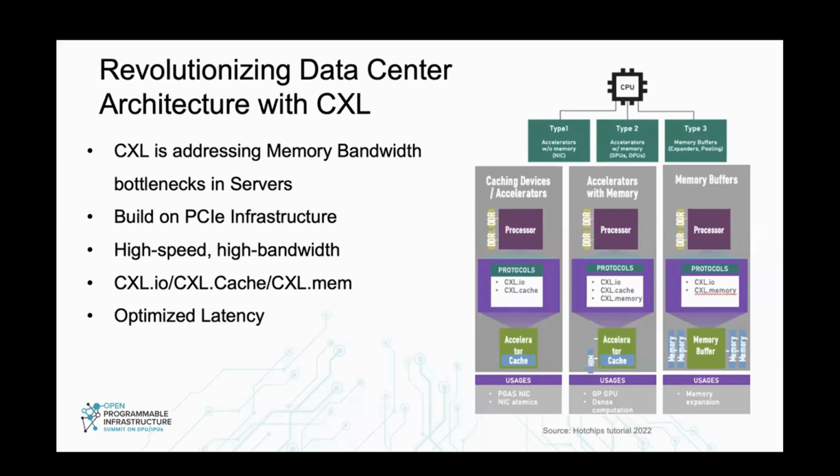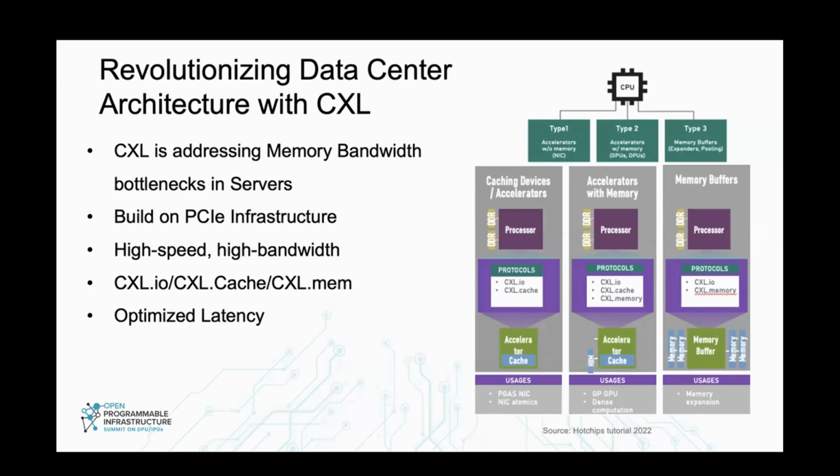There are 3 types of CXL applications: type 1, type 2, and type 3. Type 1 is accelerators without memory. We can take a NIC as an example here that leverages the .IO as well as .cache protocols. The type 2 devices are accelerators with memory. You can consider DPUs and GPUs as examples, and they leverage all 3 protocols available with CXL.